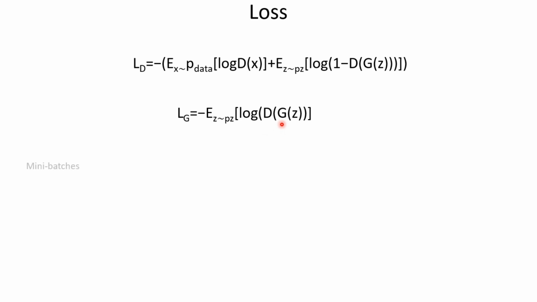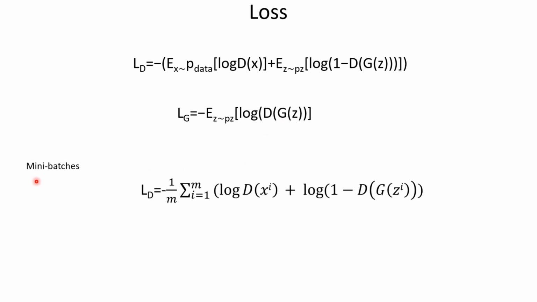During training, we process mini batches of data instead of calculating the expected value over the entire dataset. Therefore, we compute the loss functions for a small, randomly selected subset of data. For example, here M is the size of the mini batch.